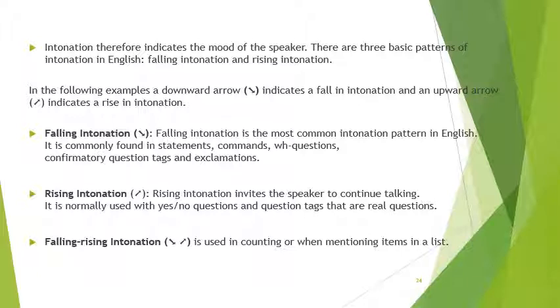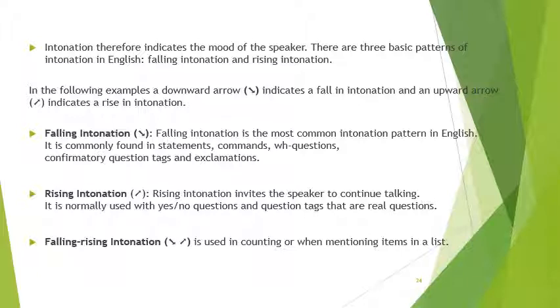Therefore, an arrow pointing downward, then upward, is used in counting or when mentioning items. Yes, when we are counting numbers or mentioning items on a list, we use falling and rising intonation. For instance, 1, 2, 3, 4, 5.